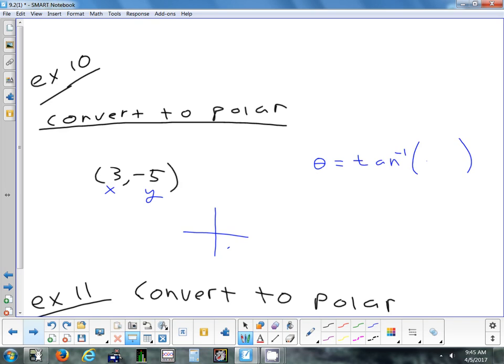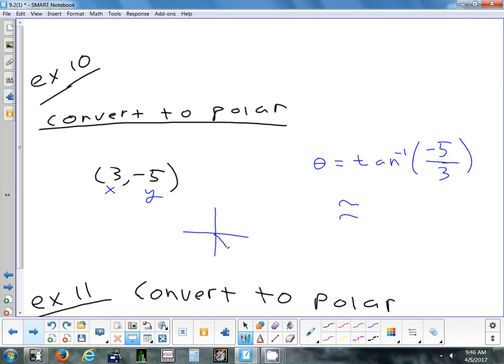Inverse tangent of. Yeah, so that's the number you're plugging into the function. There's no multiplication there. What would go on top? Y over x.